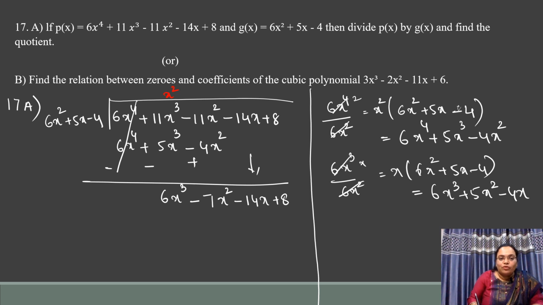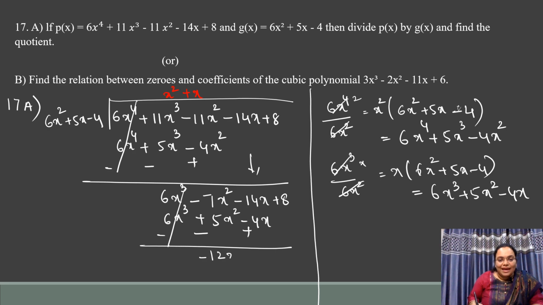So the next term of q of x is plus x. Here 6x cube plus 5x square minus 4x. So change the signs. This term will get cancelled. This is minus 12x square. This is minus 10x plus 8. Okay.